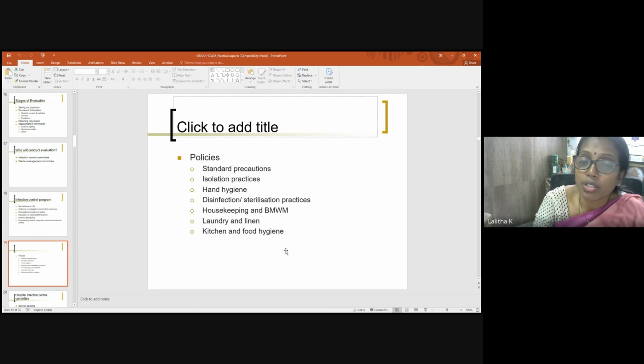For this, you need to have different policies in place like standard precautions, isolation practices, hand hygiene measures, disinfection, housekeeping and biomedical waste management, laundry and linen, and kitchen and food hygiene. So you can see that biomedical waste management can be a part of your infection control practice.